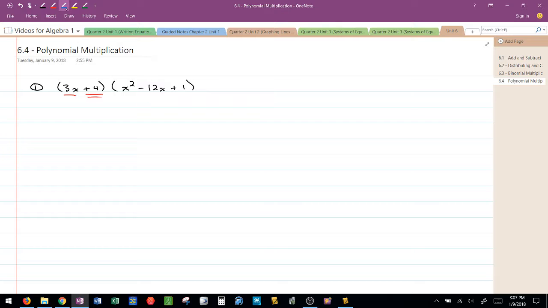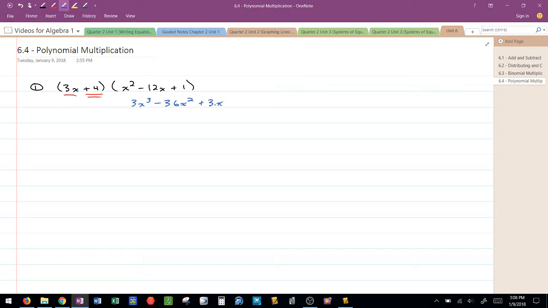Now, the way that I like to do this is I do this a little bit more mentally, but I like to write the distribution that I get when I distribute 3x first. So that gives me 3x to the third minus 36x squared, and then 3 times 1 would give me plus 3x.